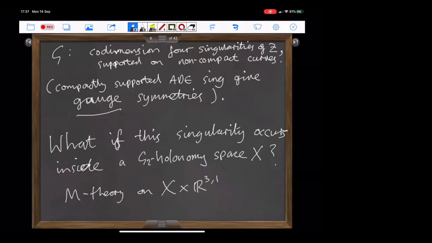If the curves were compact, then you would actually get gauge symmetries in addition to the global symmetry. And the question we want to ask is what happens if this type of singularity occurs inside a G2 holonomy space X?